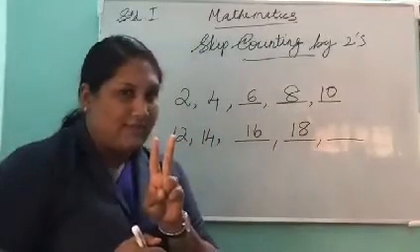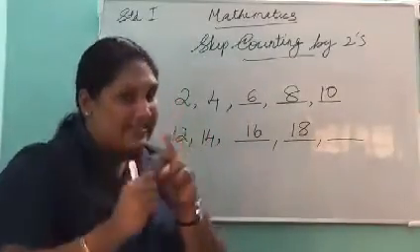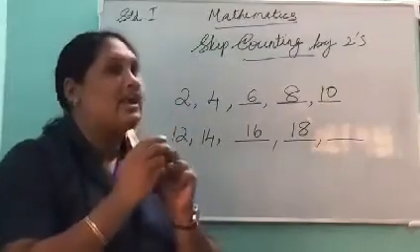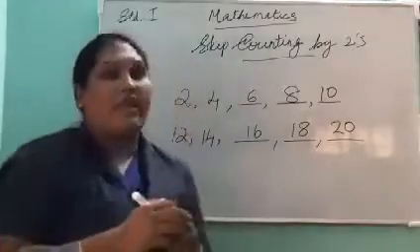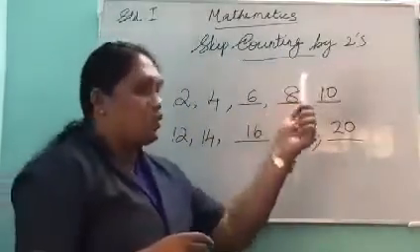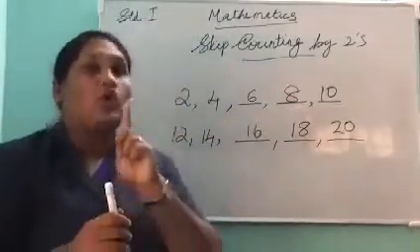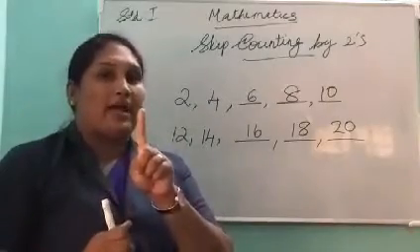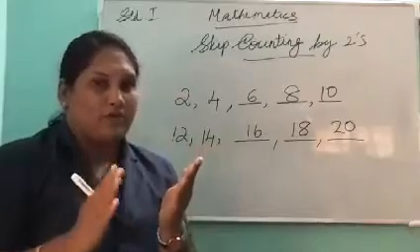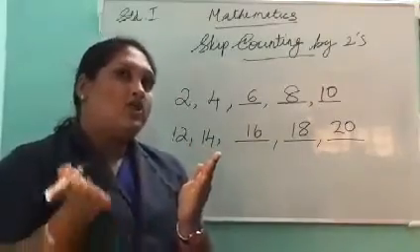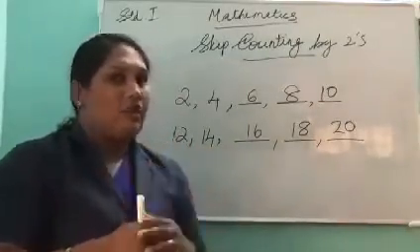You have to skip 19 and write 20. When we are skipping by twos, you have to skip one number after the previous number. Okay?